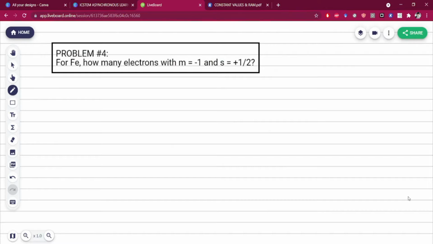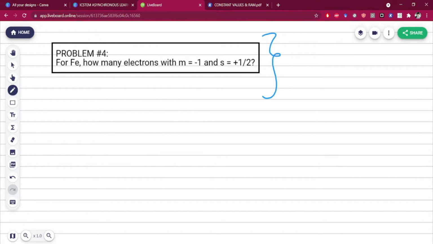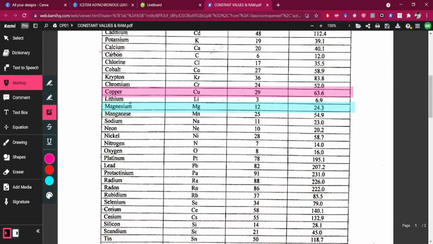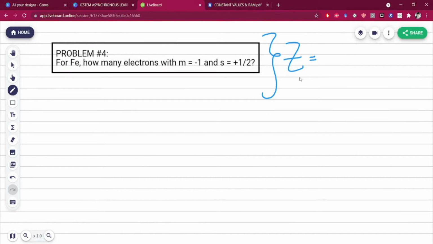Now we're going to look at iron. We have looked at 3 examples for magnesium. What about iron? We're going to do something else right now. We have to check the proton number for iron. We look at this table right there. Iron's proton number is 26, and therefore you have 26 electrons to consider.